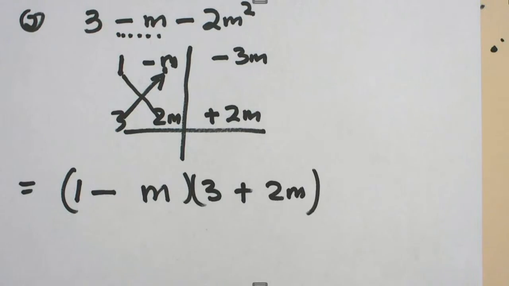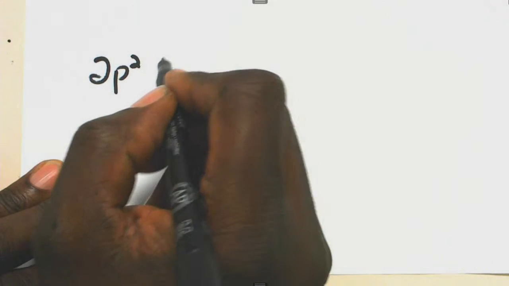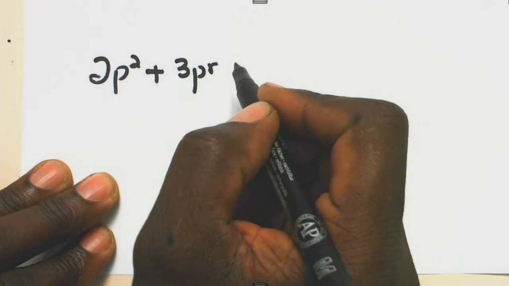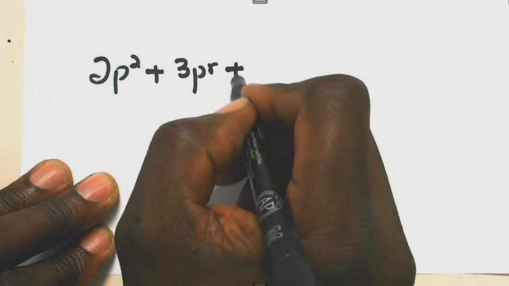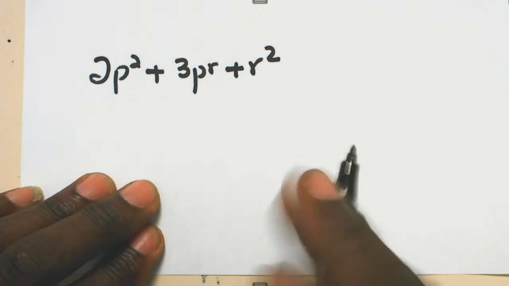Let's take another example: 2p squared plus 3pr plus r squared. Remember the table.